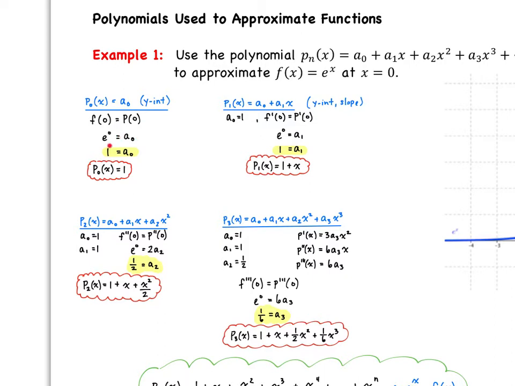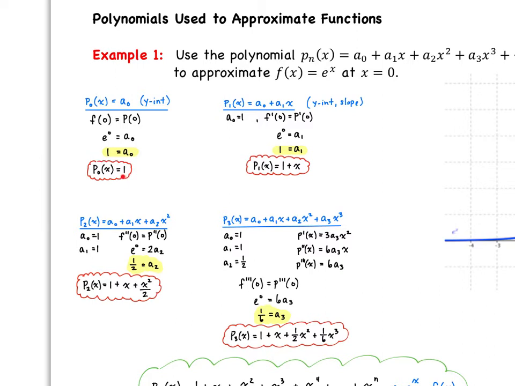So when we plug 0 in for f, e to the 0, we just get 1. When we plug 0 into this polynomial, all these terms with x go away, and we're just left with this a naught. And so we get this a naught to be 1. So the polynomial p0 of x equals 1. That's the first term of our polynomial.